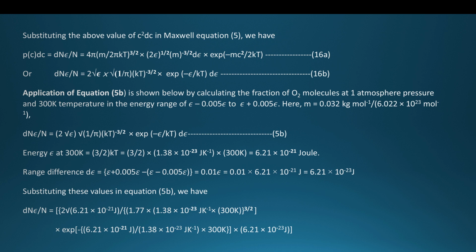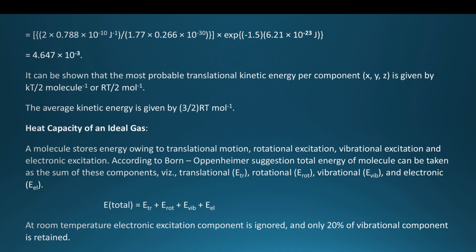In this case, the O2 molecule has molar mass 32 gram per mole. For one molecule, divide this by Avogadro number, and by putting in the data and doing the necessary arithmetic, we obtain the value of the fraction of molecules having energy in that given range. It comes out to be 4.647 into 10 to the power minus.